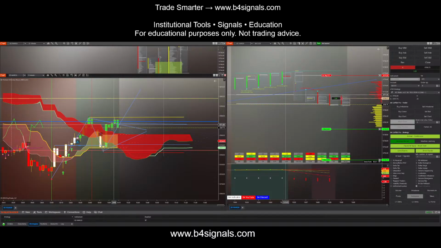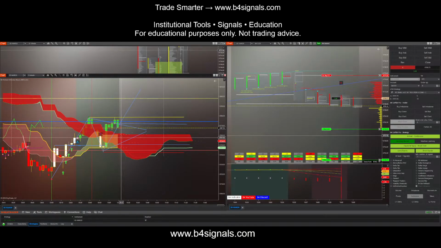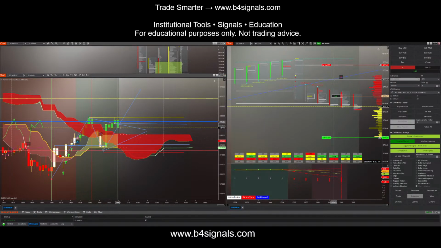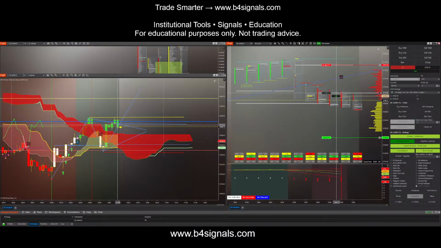Okay, I expect this to be pretty short-lived here. I don't expect a full double top here. And I should have been gardening instead of explaining. But what I will do is mitigate.